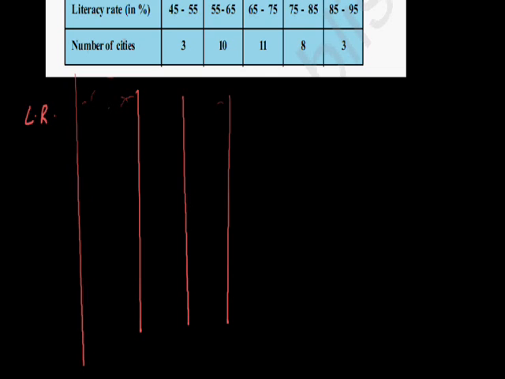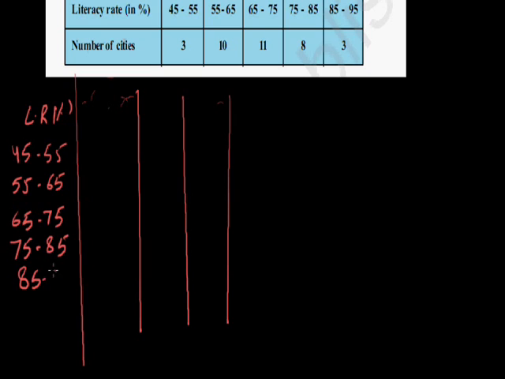Literacy rate is in percentage: 45 to 55, 55 to 65, 65 to 75, 75 to 85, 85 to 95. Now the number of cities means the fi. This is 3, 10, 11, 8 and 3.